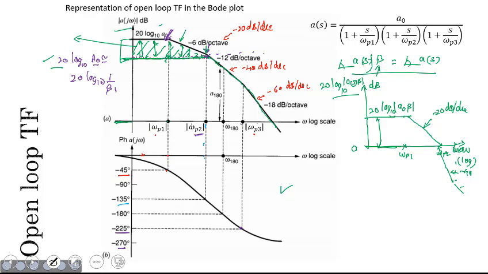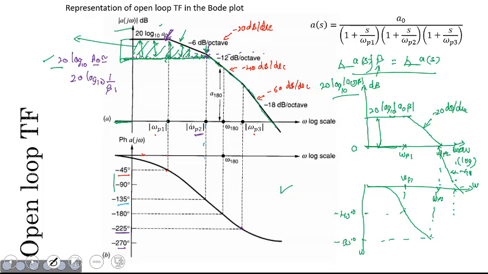Now how would we plot our phase? The phase is pretty simple, the same kind of graph. So I can again draw this with respect to the omega log scale, and then I have the phase angle. Whenever we are at a frequency omega p1, what I know is there will be minus 45 degrees, and then when we have omega p2, that is exactly here, sorry, omega p2 will have a phase value equal to minus 35 degrees, right?